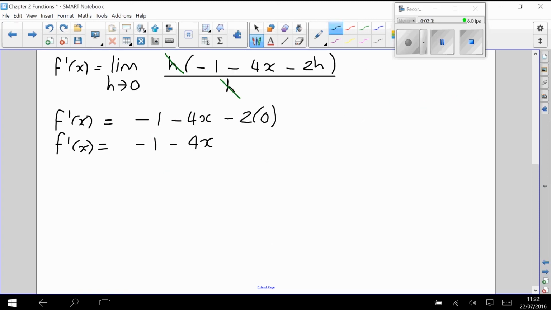If I want to find out the derivative when x is 2, all I do in my derivative expression is change the x to a 2. In other words, the gradient of the tangent at the point when x is 2 is going to be minus 9. Let's take a look at this and see if this is in fact the case.